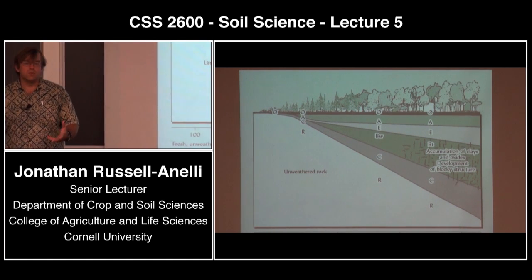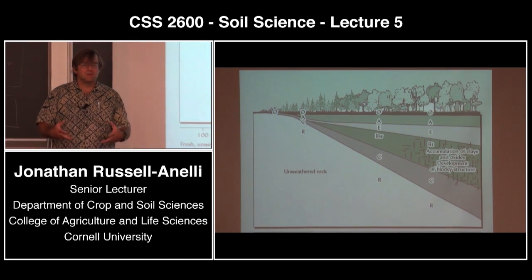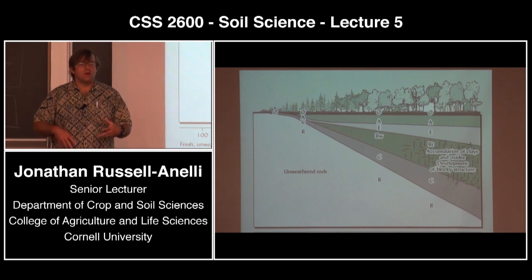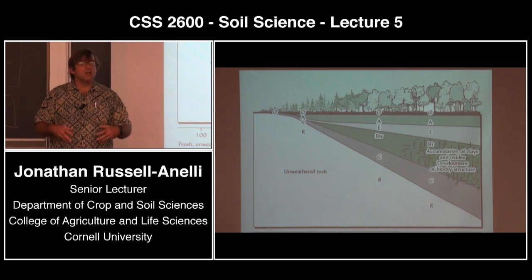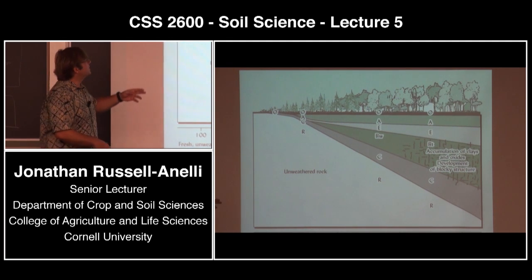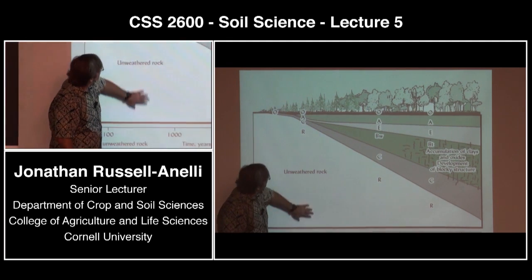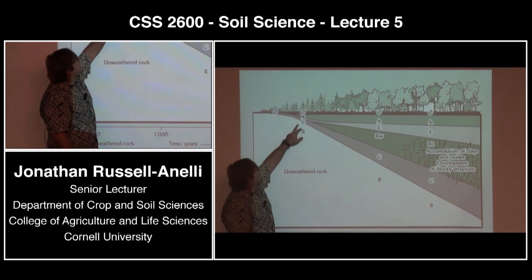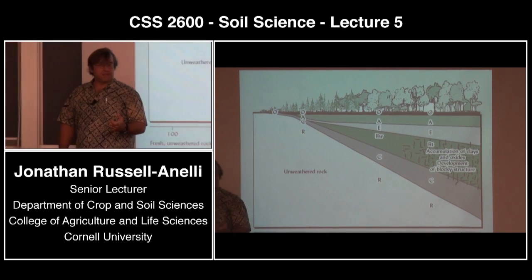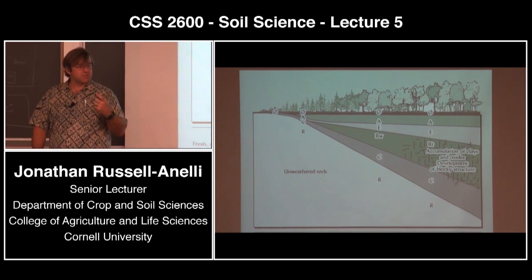The first organisms that are moving in here are going to be plants. And they're going to start weathering away stuff. But most importantly, they're going to be dropping stuff. And that stuff is going to decompose, and I'm going to start developing an O horizon. Does that make sense? Okay, well, as that stuff starts to decompose, someplace around here, I'm going to start producing a recognizable C horizon.